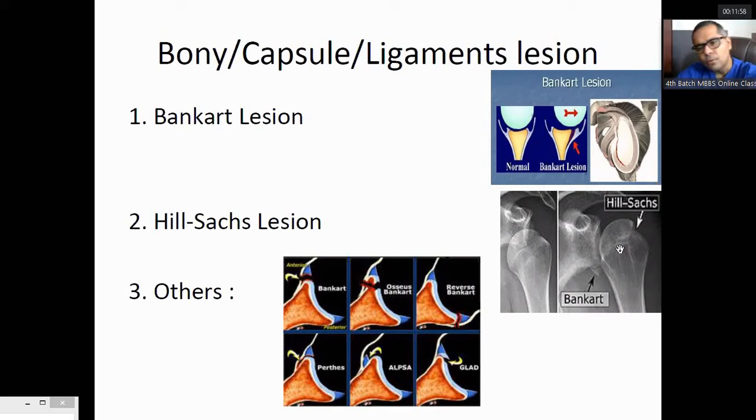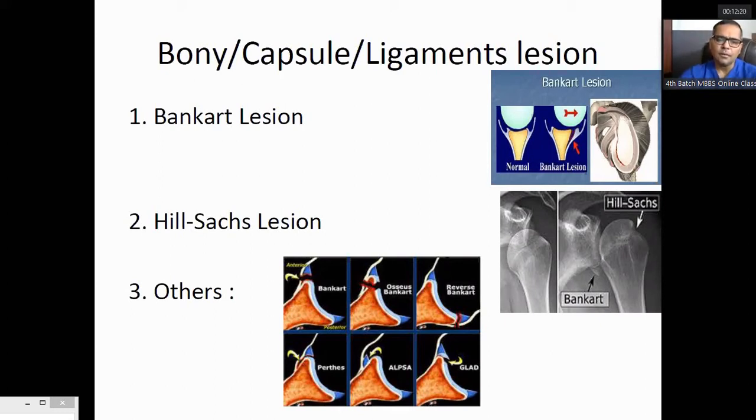In chronic or recurrent dislocation, there is frequent erosion, a rubbing of the dislocated bones, and then there is a bony defect. Sometimes in acute injury also, when there is impaction by the glenoid bone itself, the bony defect is called Hill-Sachs lesion.